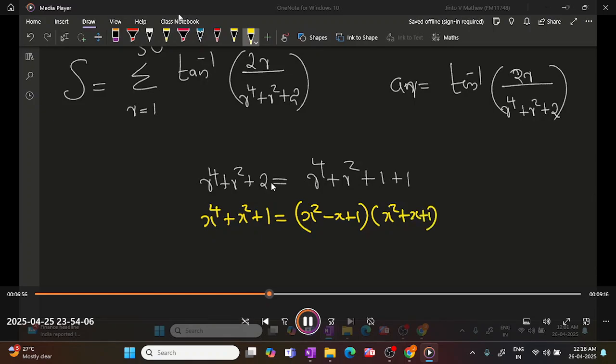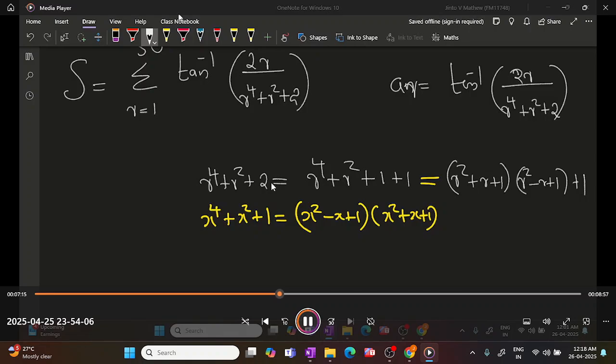Therefore this can be written as r square plus r plus 1 into r square minus r plus 1, plus 1.